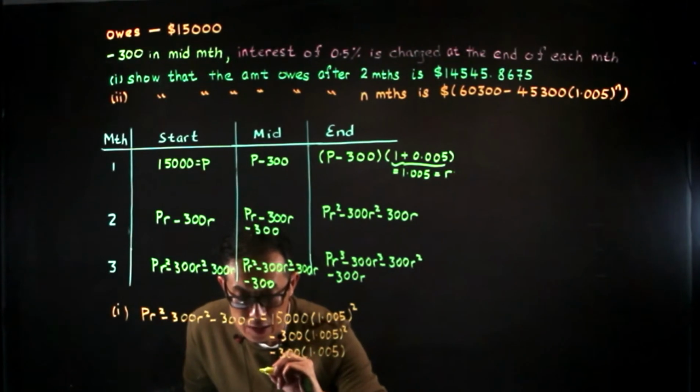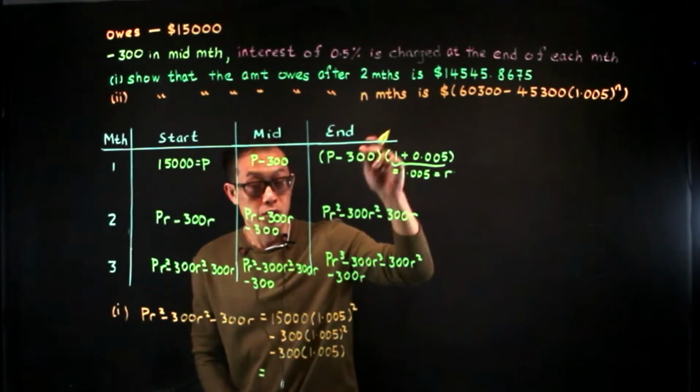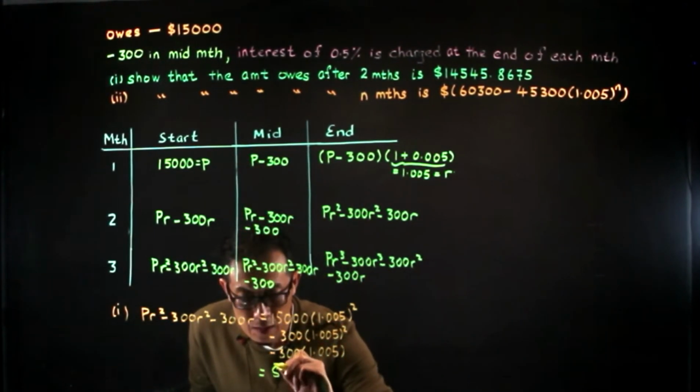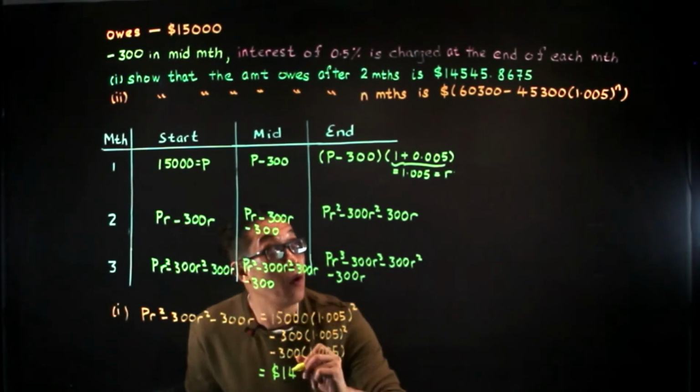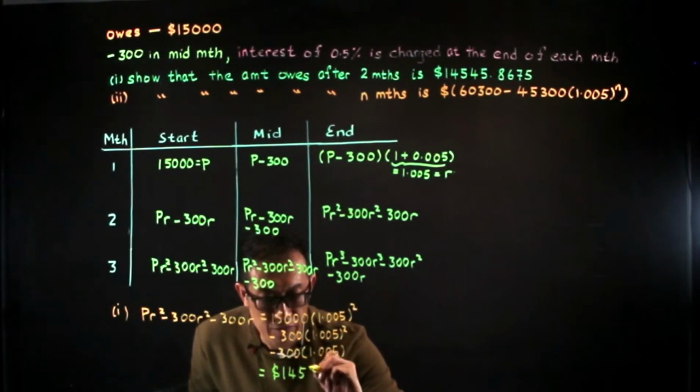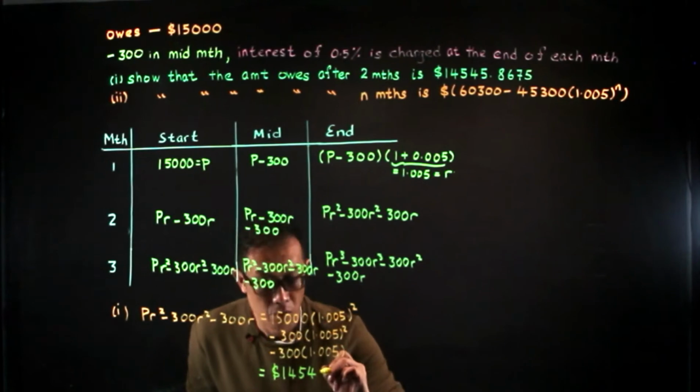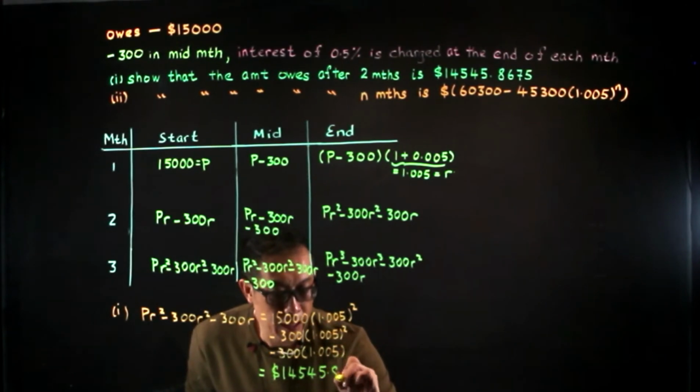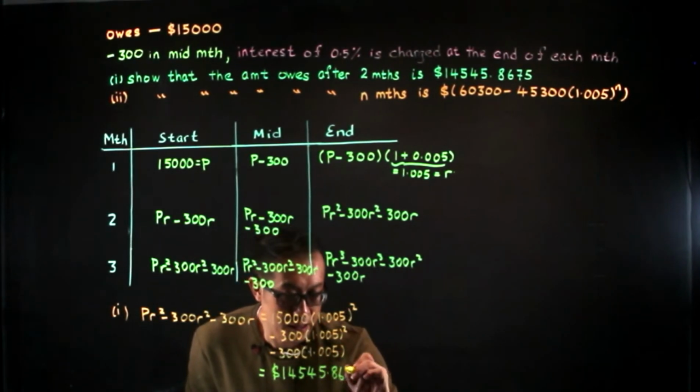If you key that into the calculator, you will get 1454.8675.